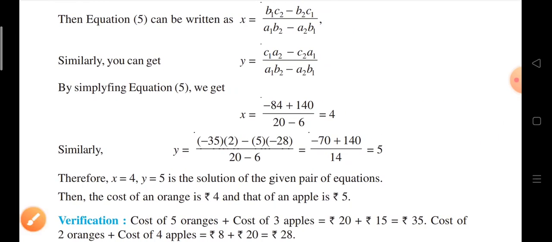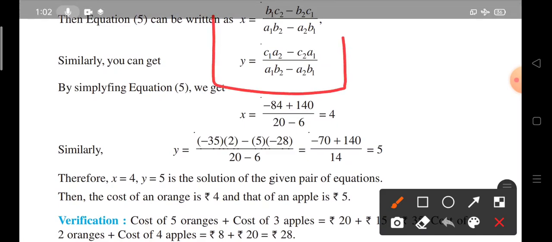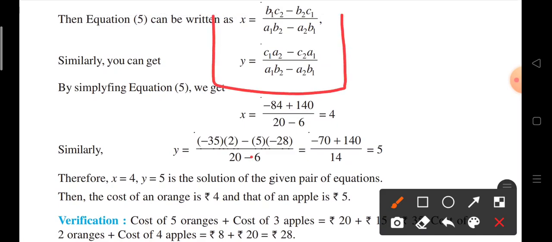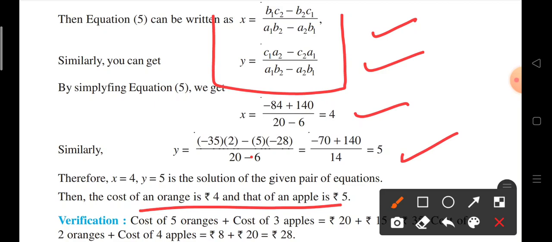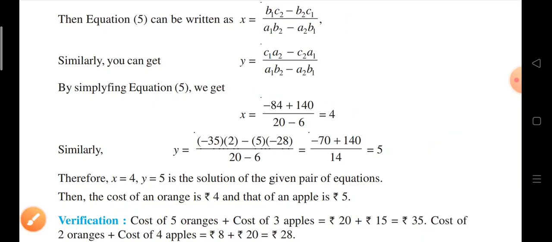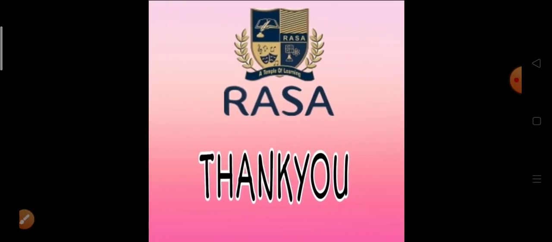So these are the outcomes of this type of method, where we are able to solve x and y with the help of the coefficients and the constant term in a particular equation. So in this way we are able to solve x and y, and these are the cost of one apple and one orange. You can verify it also by substituting the values in the given pair of equation and get to the solution. Thank you.